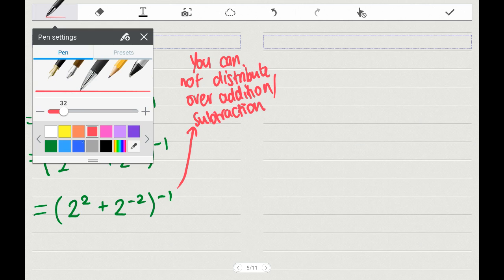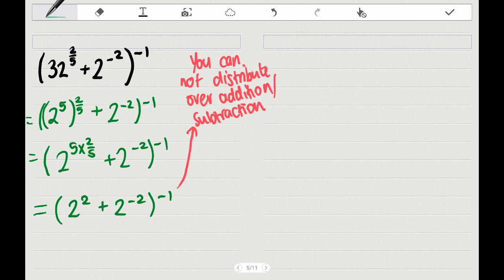We have no other option but to first simplify what's in the bracket. So this here is 4, and this we can write as 1 over 4, because that will go 1 over 2 to the power of 2, which is 4. Now this is a fraction, so we're adding fractions, so we want to make an improper fraction. This here is going to be over 4, 16 plus 1, which is 17 over 4, to the power of minus 1.